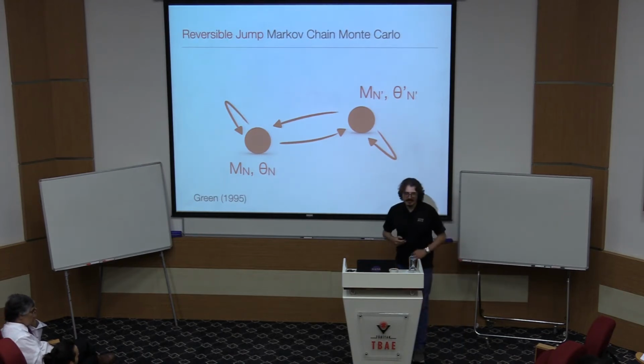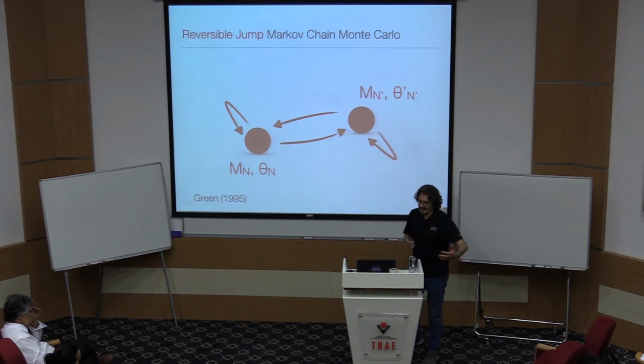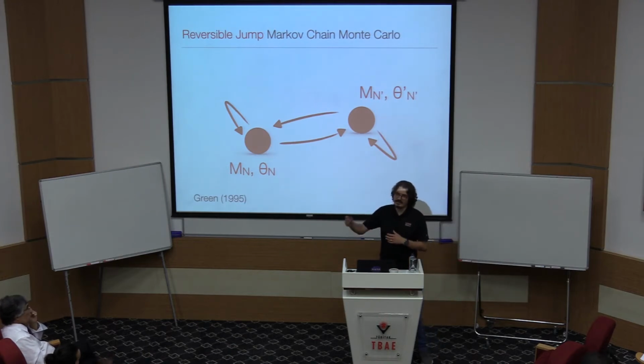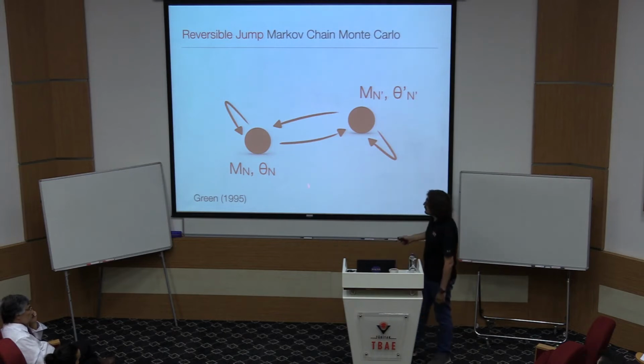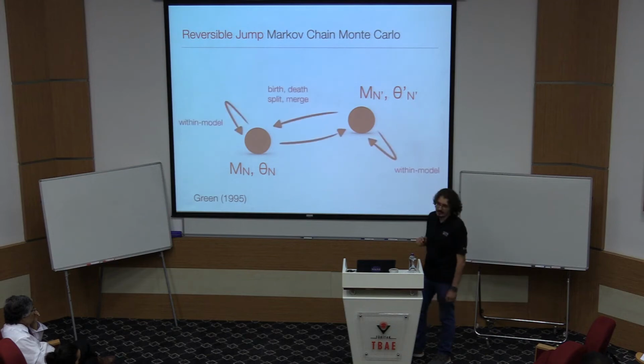And the idea is to promote what I just described, Markov chain Monte Carlo, to a transdimensional space, in the sense that you are interested in jumps across different models, so models with different dimensionality. So here, for example, you have m sub n and theta sub n, and m sub n prime, where n prime doesn't necessarily have to be equal to n. And then you start sampling from this posterior.